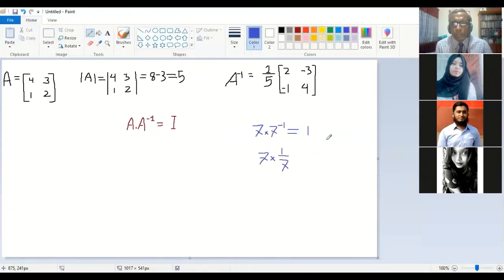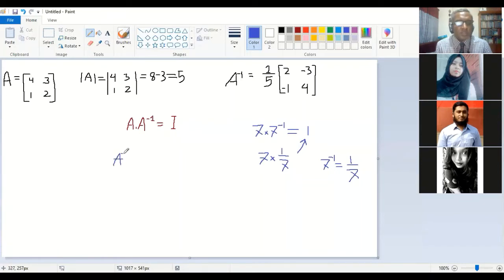So altogether it is 1. Whatever the way you write, the understanding is that 7 to the power minus 1 is 1 by 7.